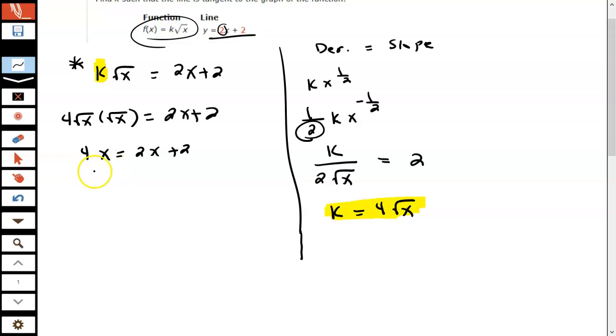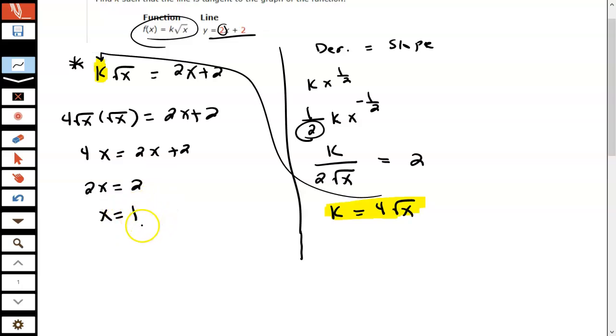Subtract 2x from both sides. Two x equals 2, and then divide both sides by 2. So in this case, x equals 1. Now I took this value, brought it over here, and replaced x. Now I'm going to take this x equals 1, come back over here, and replace that x there to find the actual value of k.